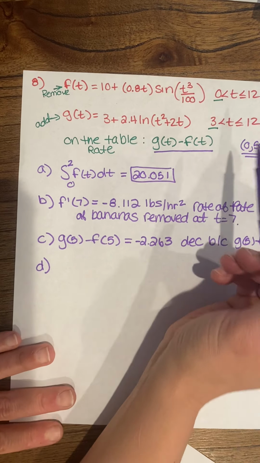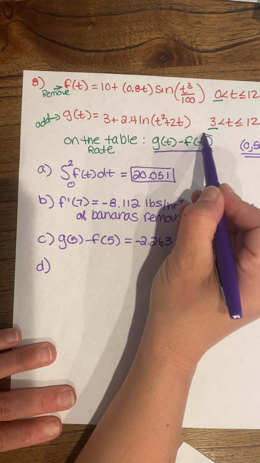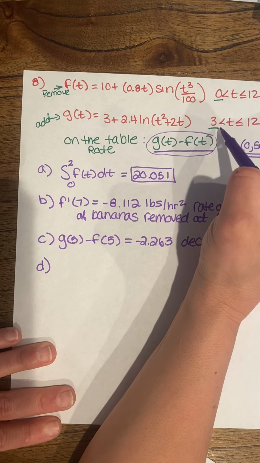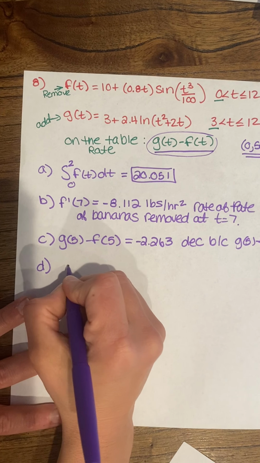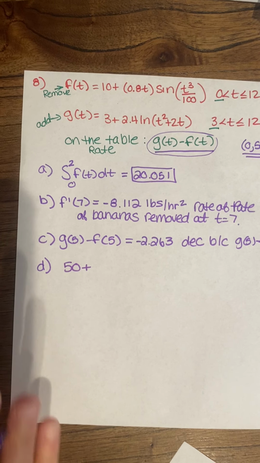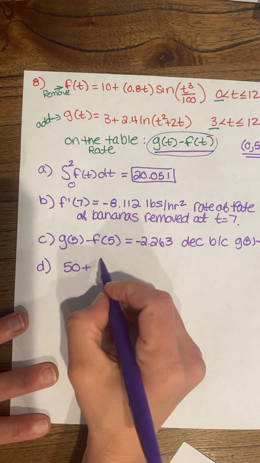The problem is I know I need it at time t = 8, but I can't just integrate this equation from 0 to 8 because they have two different start times. So what I can do is start with my initial condition of 50, and then add in all the bananas I'm adding.